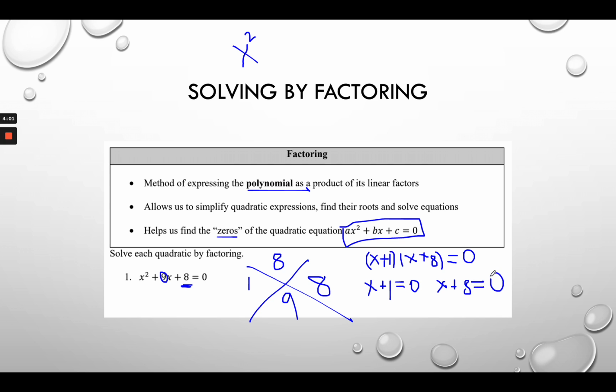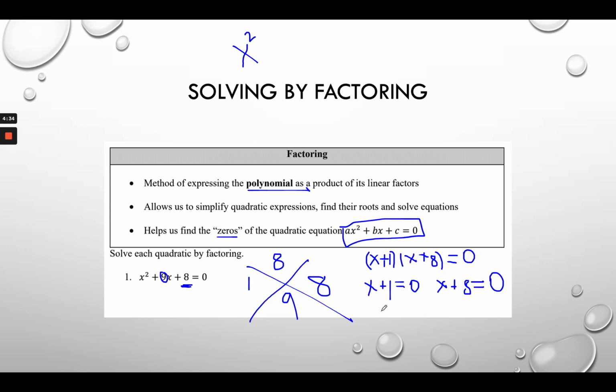The reason we split them is because any number times 0 equals 0. If x plus 1 is equal to 0, then 0 times whatever x plus 8 is equals 0. If x plus 8 is equal to 0, then whatever x plus 1 is times 0 is also equal to 0. So that's why we split them up and set them equal to 0, because anything times 0 is 0.